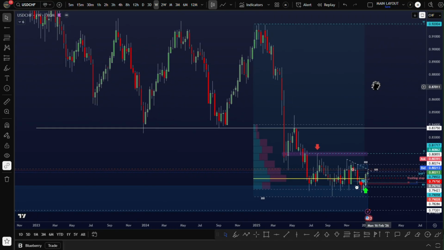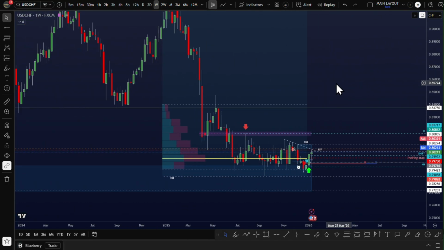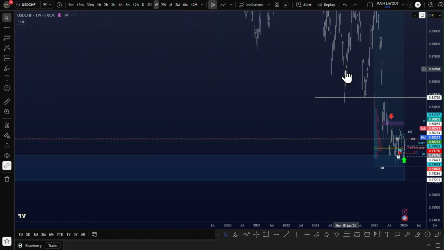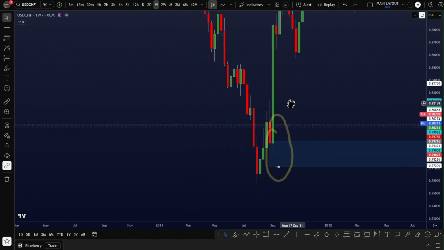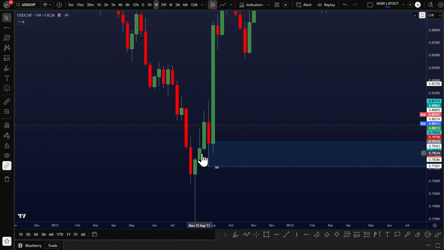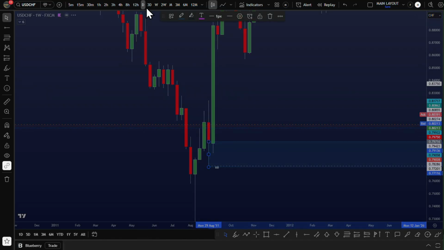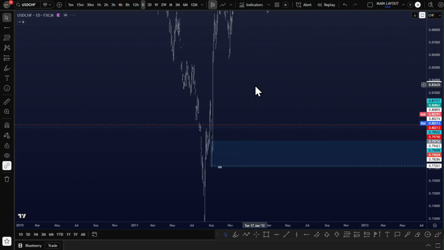The next trade I took is USD CHF. In my last weekly forecast, I mentioned this demand zone. When you go back in the past, in 2011, I believe, very back in the days. When we go to the daily time frame, we can see it clearly.